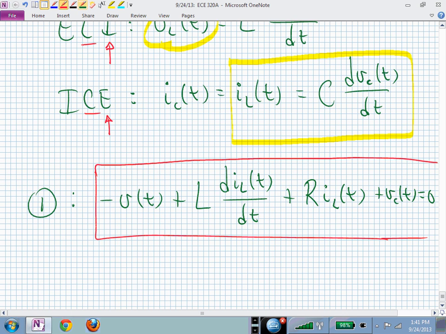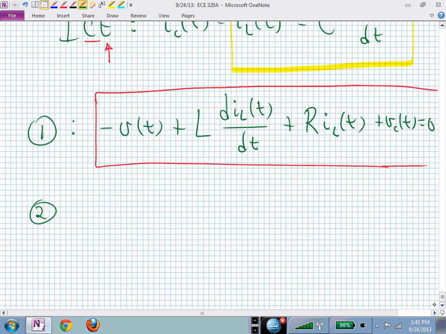To find the second equation, I can just rewrite this: C dV sub C dt, that's the capacitor current, but that's the same as I sub L of t.